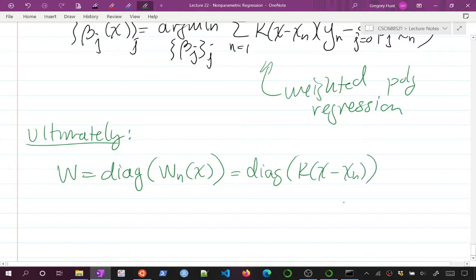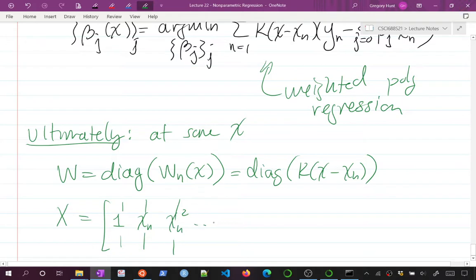And so at some x, we form our weight matrix that looks like that, and we form our design matrix, which has 1s in the first column, my xn's in the second column, my xn squared, my xn cubed, right?